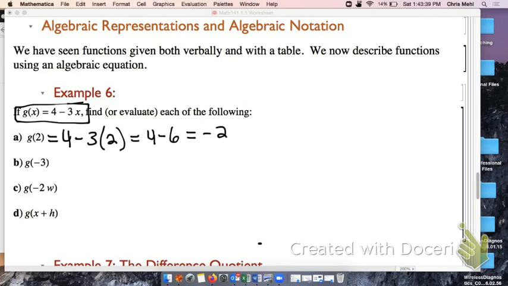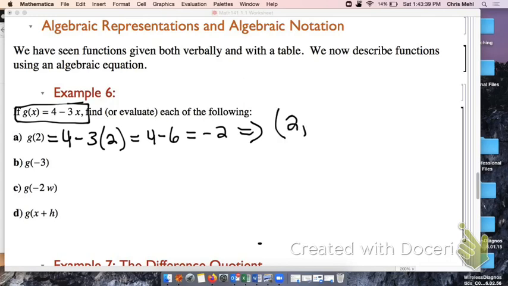Okay. Now a couple things. That's saying that for this particular function, when the input is 2, the output is negative 2. You are going to see that later on when we start talking about graphing a function. Basically, a graph of a function is just describing all inputs and outputs simultaneously or at the same time.